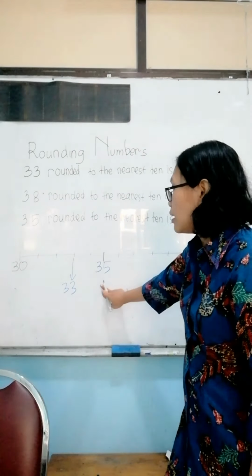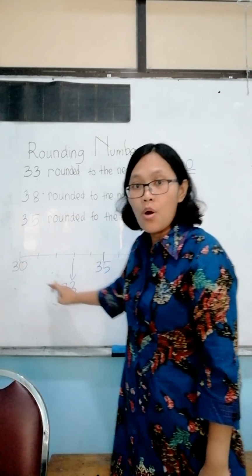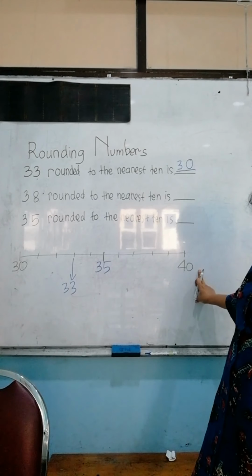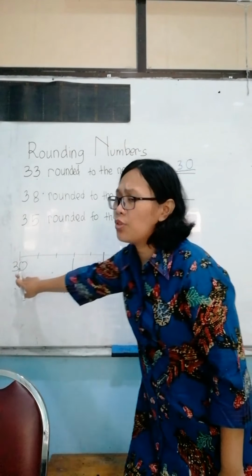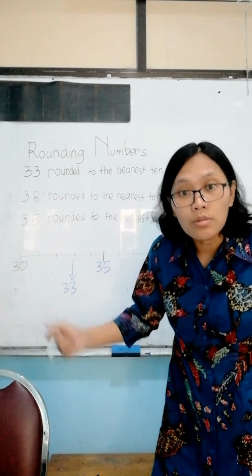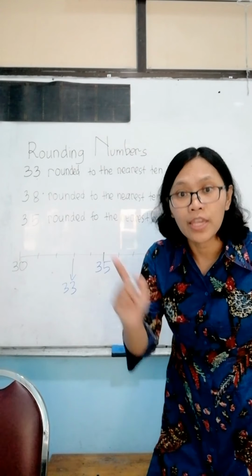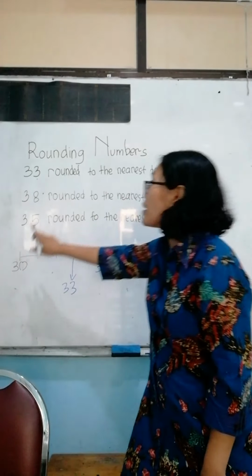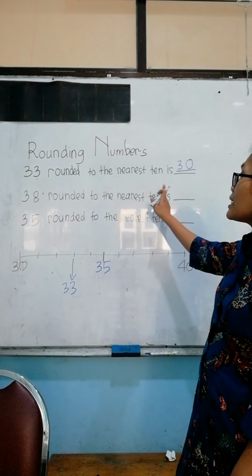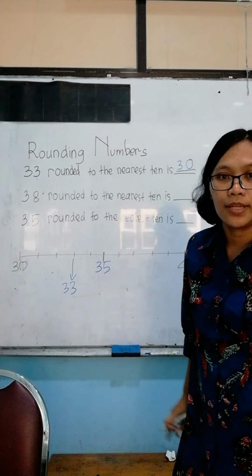Is it nearer to 30 or to 40? You can see clearly that it is closer to 30 than to 40. So that is why I told you that we can also use the number line. So 33 rounded to the nearest 10 is 30.